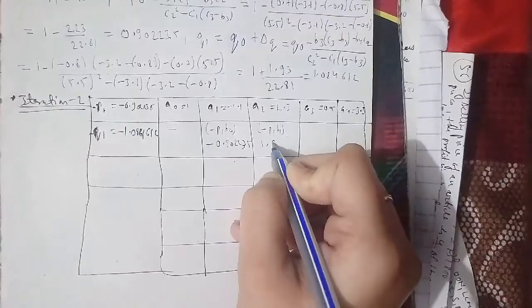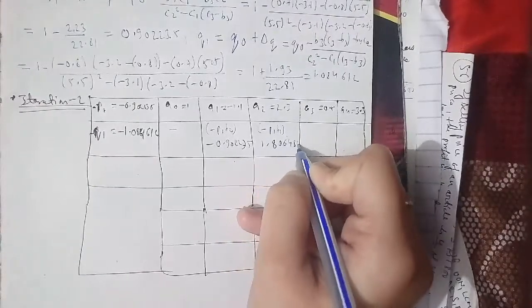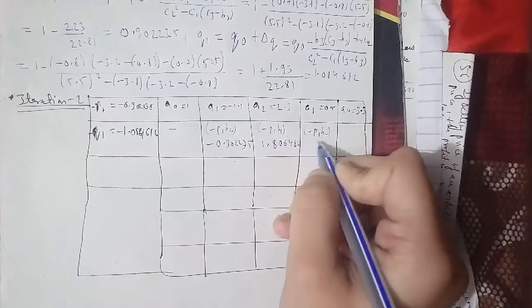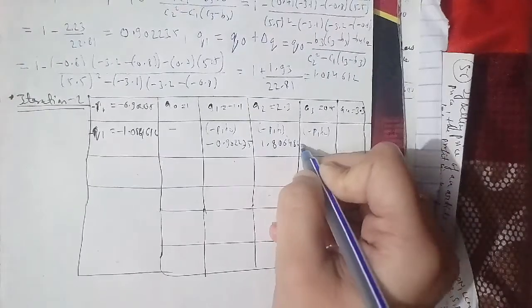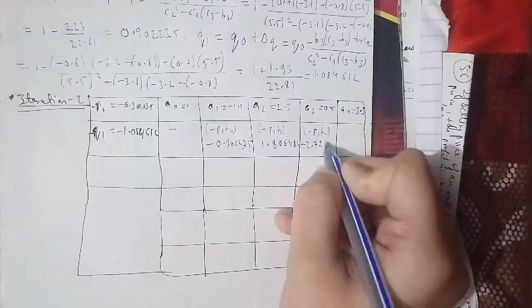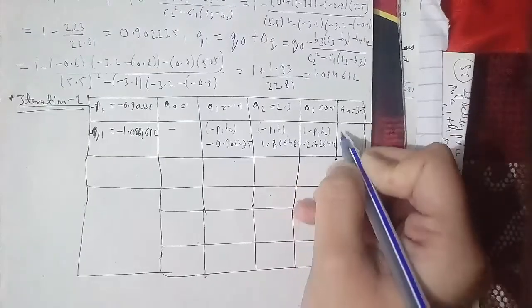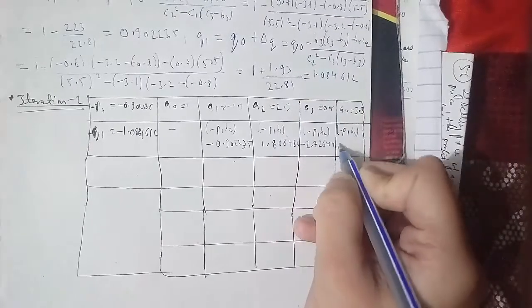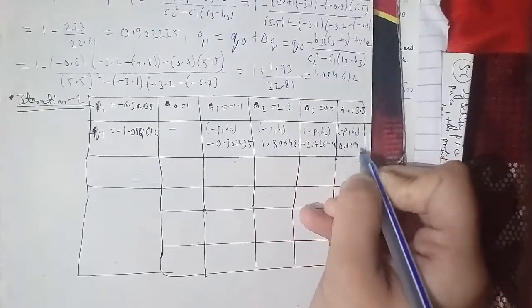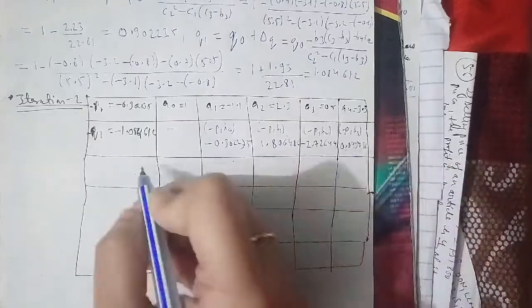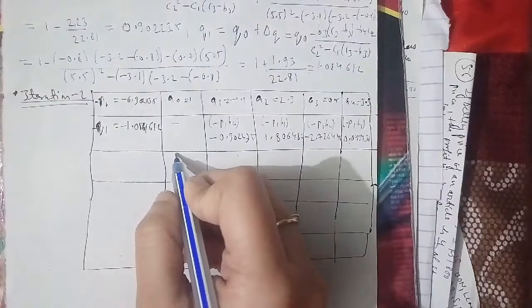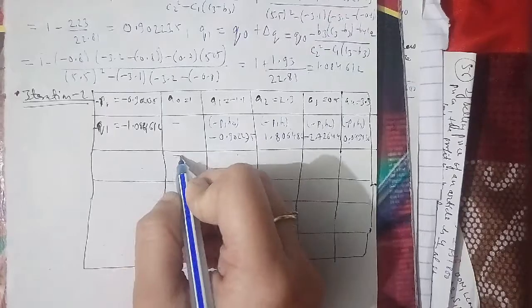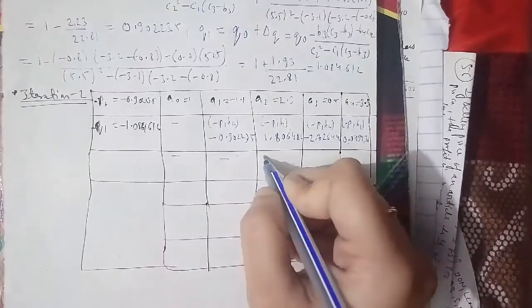Here it is representing minus Q1 B0, minus 1.084612. Minus Q1 B1, 2.71171648. Minus Q1 B2, minus 3.277561.